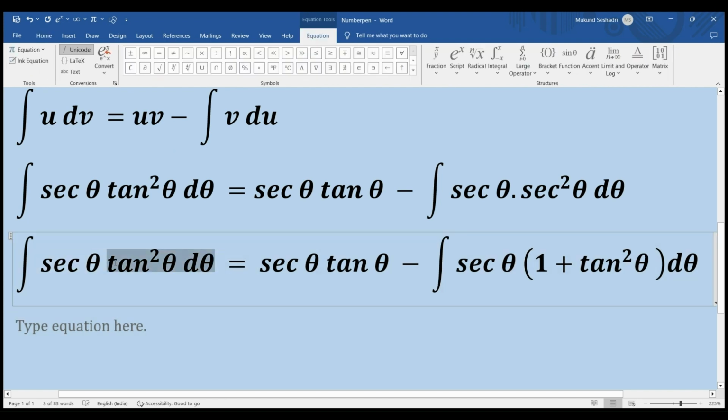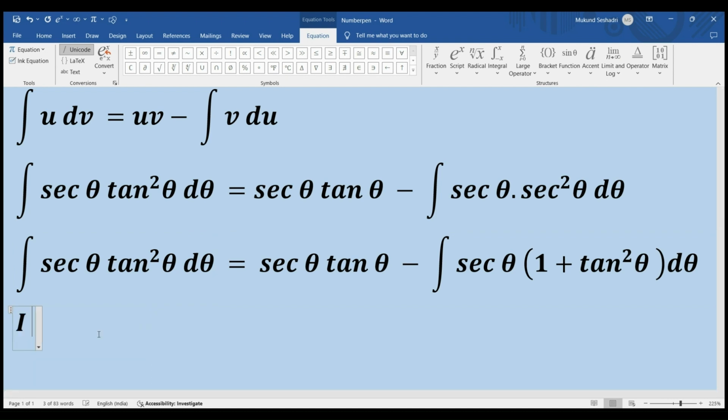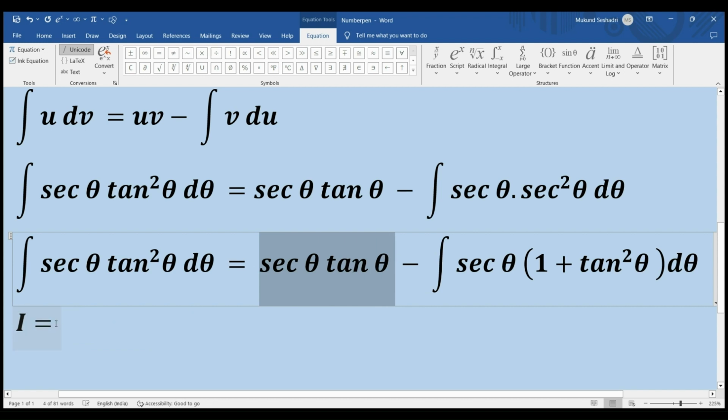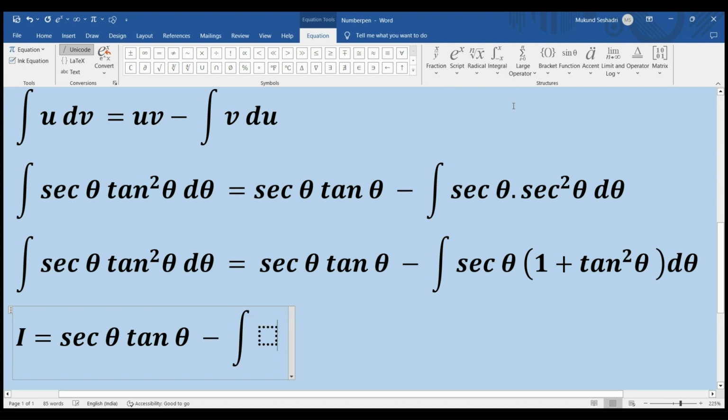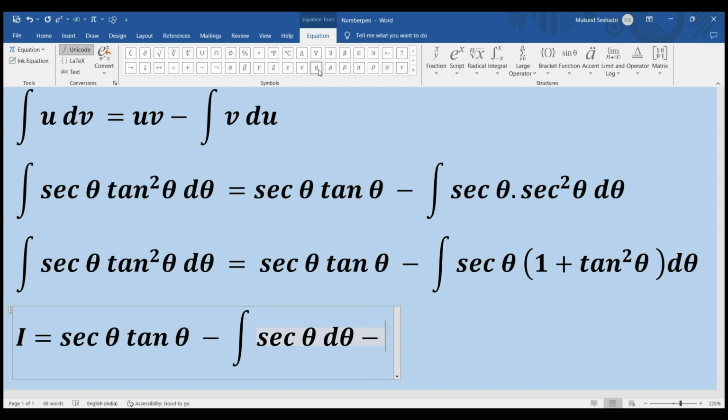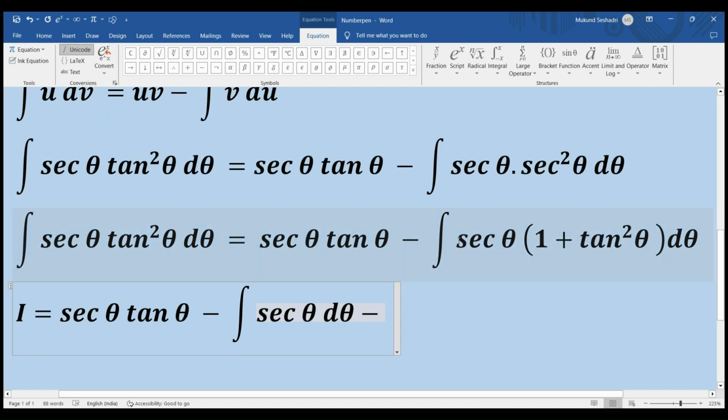So the integral of secant theta tan square theta d theta, if I call this I, for example, my first part of the RHS remains secant theta tan theta, and then my second part becomes the integral of, I'm using the sum rule of integration here, the integral of secant theta, that's part 1, I have my d theta, of course, and then I have minus the integral of secant theta tan square theta d theta.